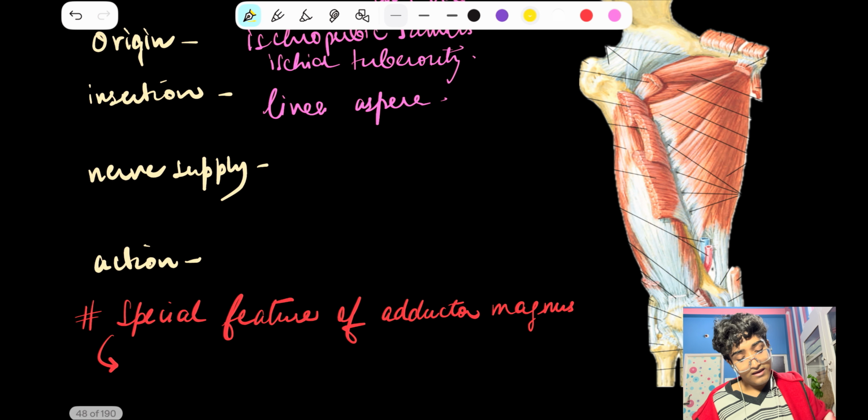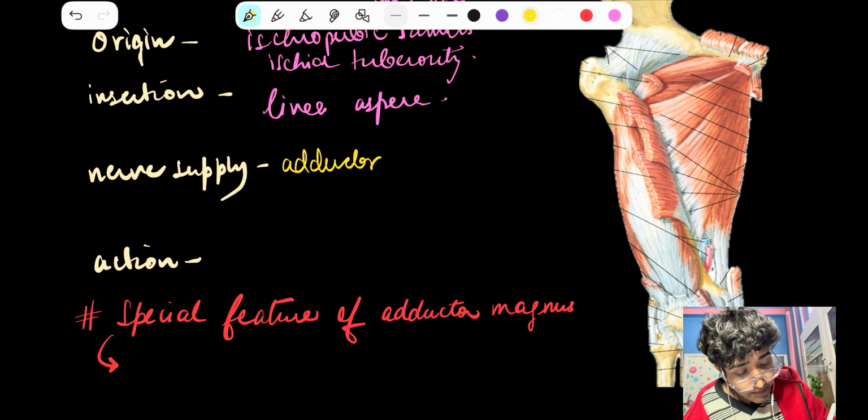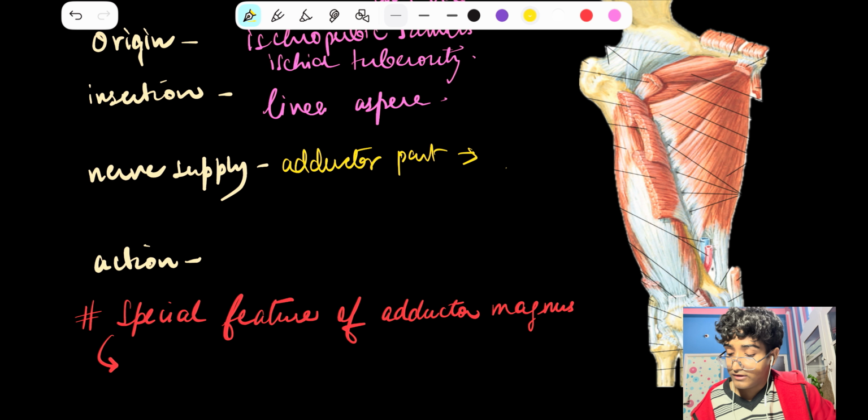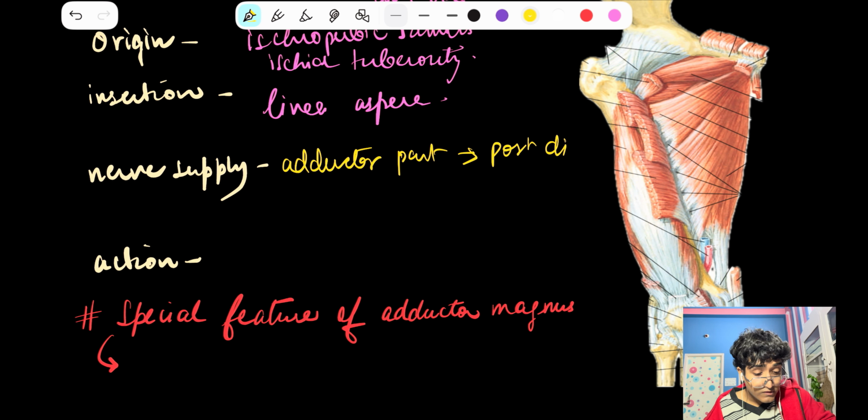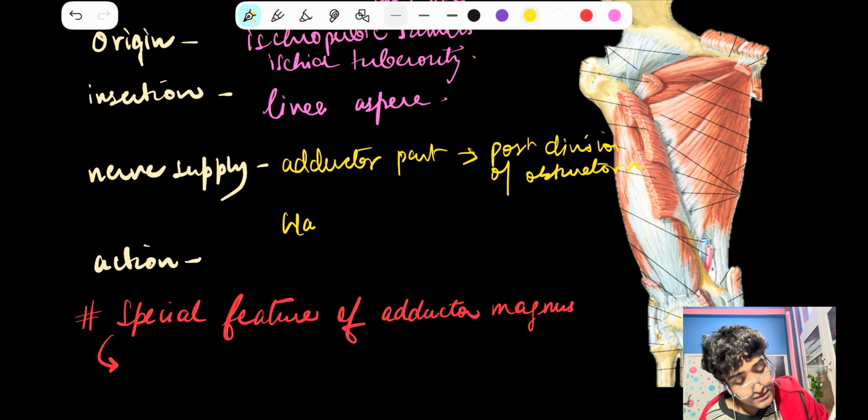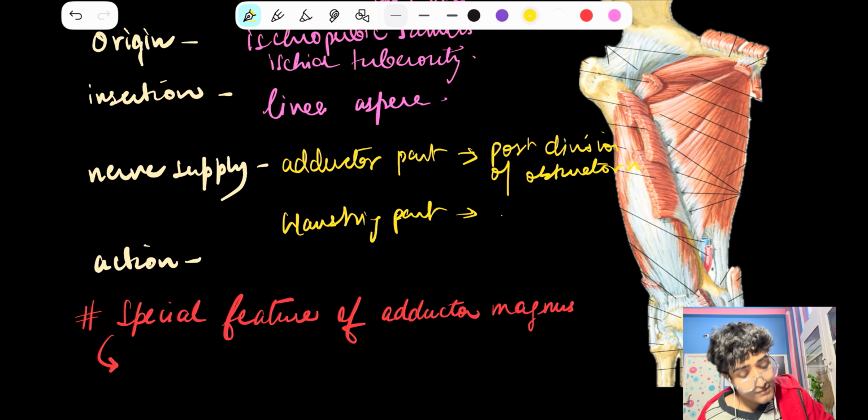Now its nerve supply is by the obturator nerve. The adductor part has the nerve supply of the posterior division of the obturator nerve, and the hamstring part has the innervation of the sciatic nerve.